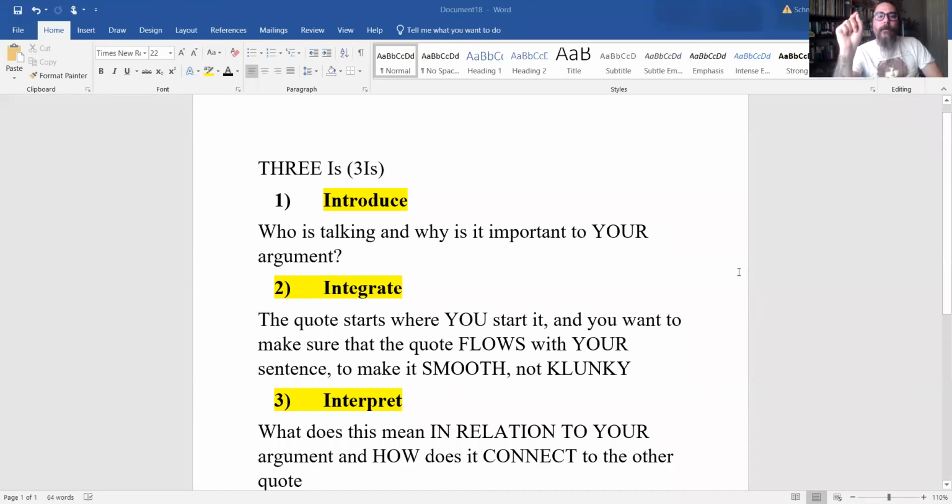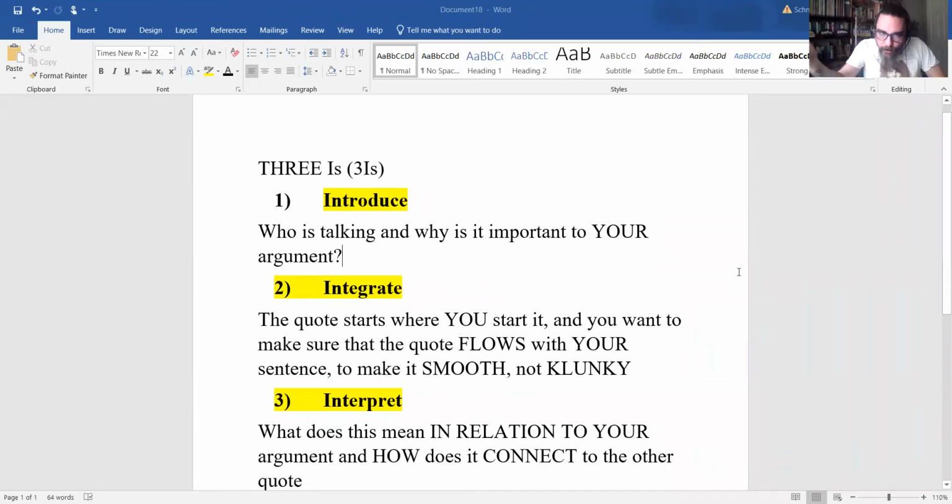What is the most important information that you have there? And you are in charge of it. You are the one who actually tells your reader when to start reading where the quote is. That's why they give you the quotation marks. So I just want to make sure that you see this. You integrate your quote.